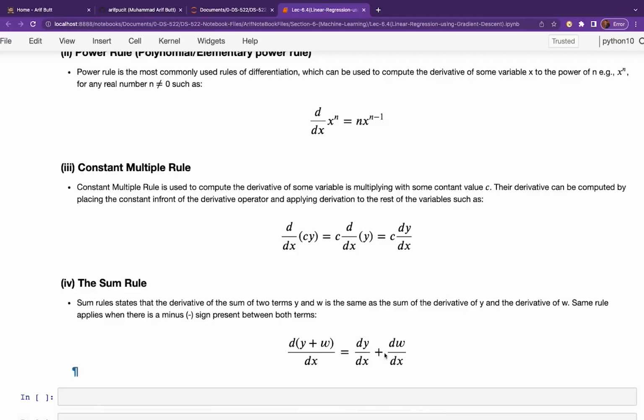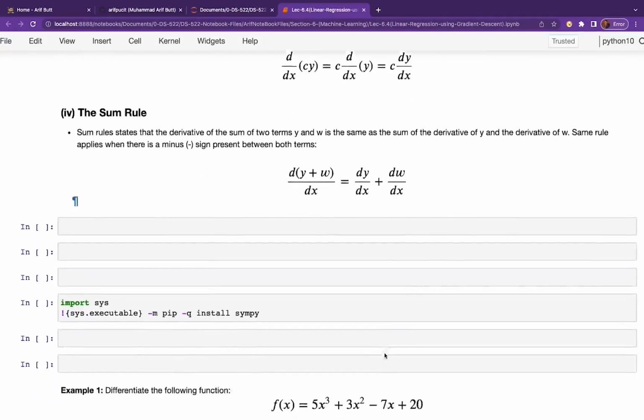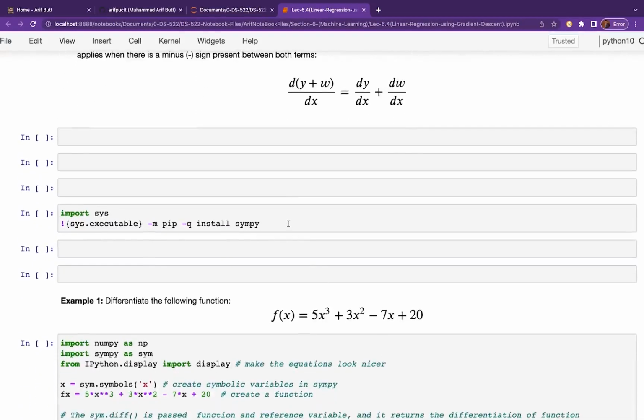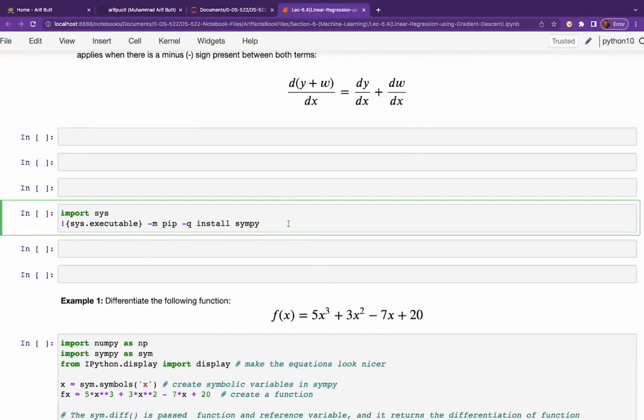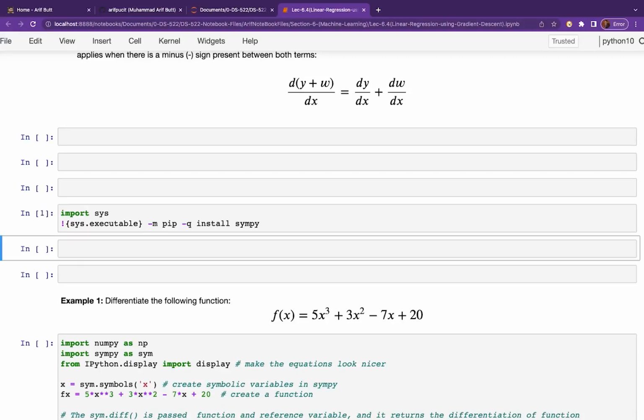Let us apply these rules on some polynomial functions for better understanding. And for that, to verify the result, I will be using the symbolic math or SymPy library, which offers a rich set of APIs for performing computer algebra.